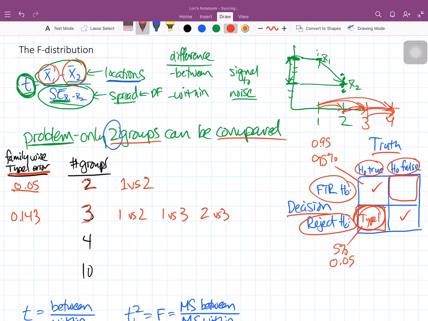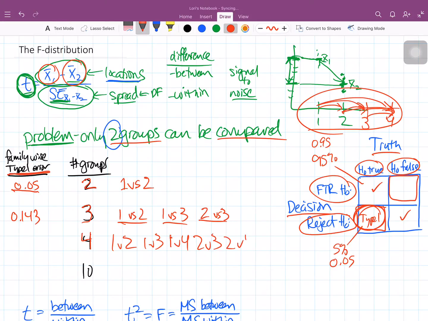So 14.3% of the time, in one of these we're going to make a wrong decision just because of how many of them there are. Let's say we go up to 4 possible groups that we're comparing. That's what I've shown you here. We have 1 versus 2, 1 versus 3, 1 versus 4, 2 versus 3, 2 versus 4, 3 versus 4, and so we have 6 different possible combinations, and our family-wise type 1 error goes up to 0.265.